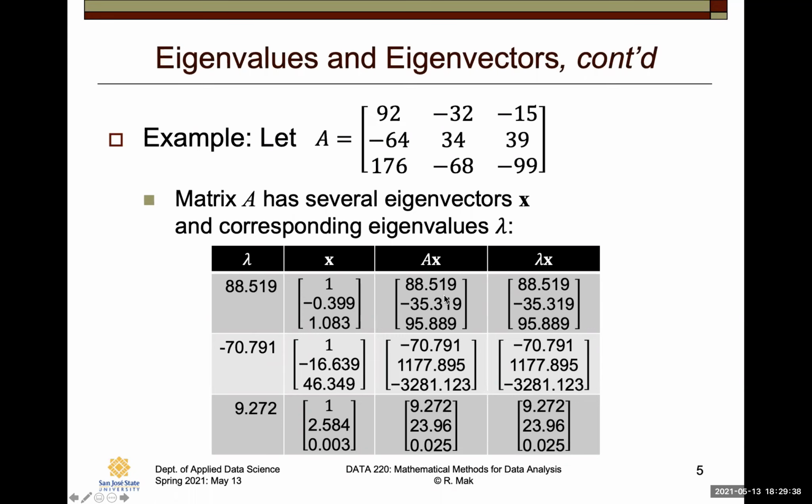If we multiply A times X, we get this, and if we multiply lambda times X, we get the same vector. And so there you have 3 eigenvalue-eigenvector pairs. So this is an interesting property of square matrices.